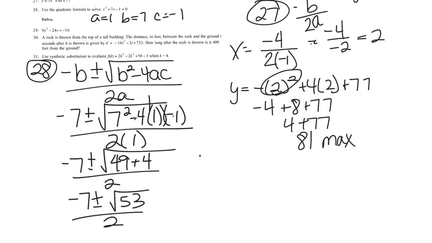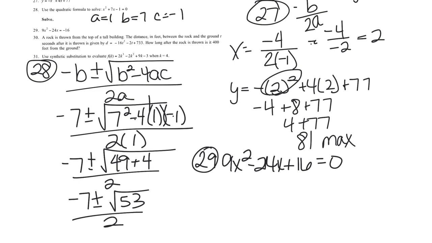Number 29, 9x squared minus 24x plus 16 equals 0. I'm going to move that to the other side. My first attempt at solving a quadratic, if it doesn't give me the direction and how to solve it, is going to be using factoring.